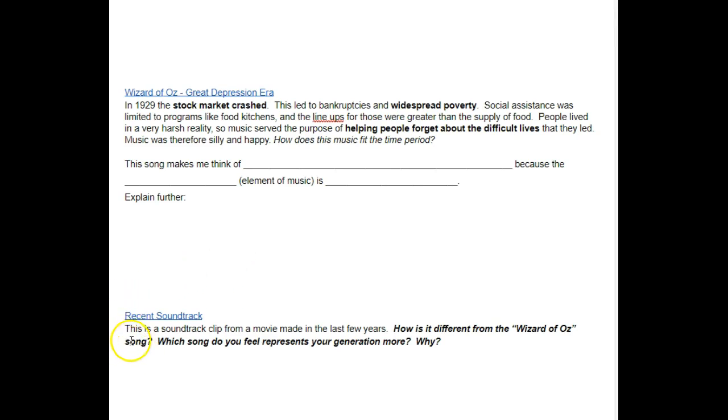Now we're going to look at a more recent soundtrack. It's from a movie that's fairly recent, and it's a lot more recent than the Great Depression. And we're going to look at the contrast, the different feel, the different atmosphere established by this music.